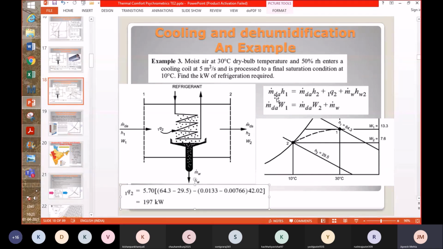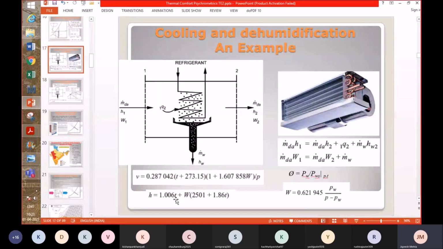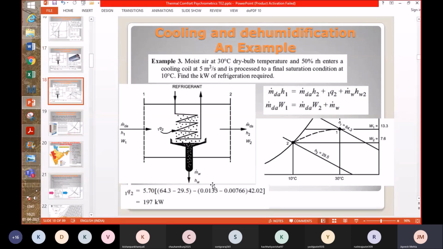So you want to get H1 now. How do you get the value of H1? H1 you can get if you know the dry bulb temperature and W, right? For state 1, the dry bulb temperature is 30 degrees Celsius. So you can put that number here, 30, and W is already known, 13.3, the number you have already written here.